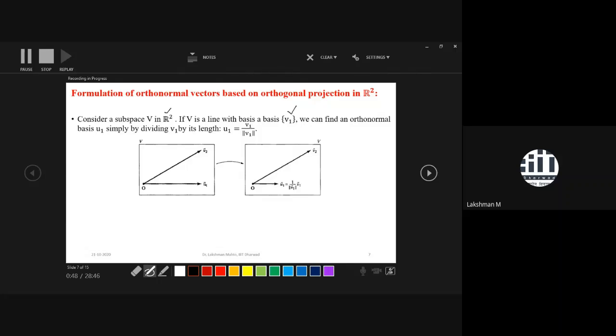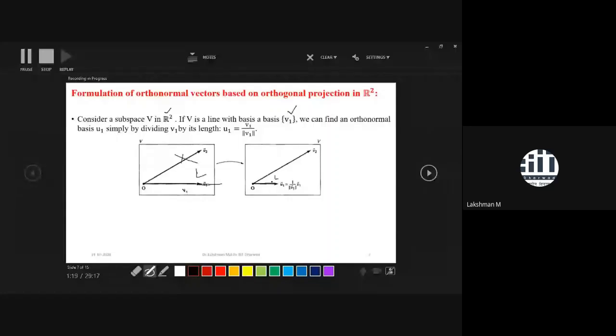Geometrically, if you take just a line, this line has basis V1. So how can you find the orthonormal basis of the line? You divide V1 by the norm of V1, and you get U1.